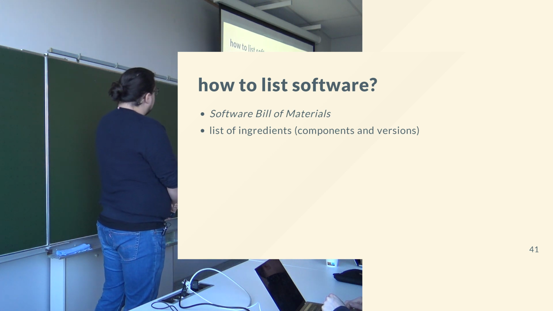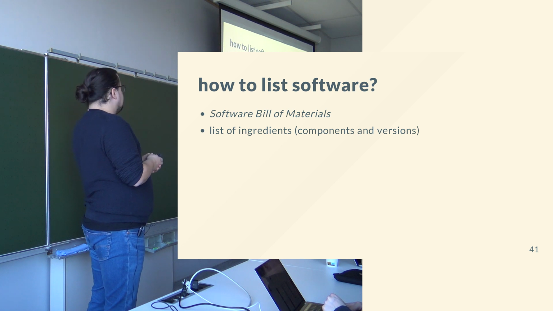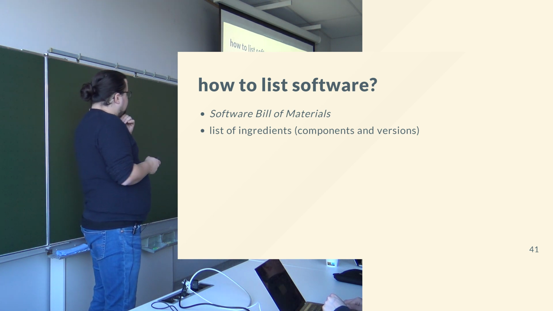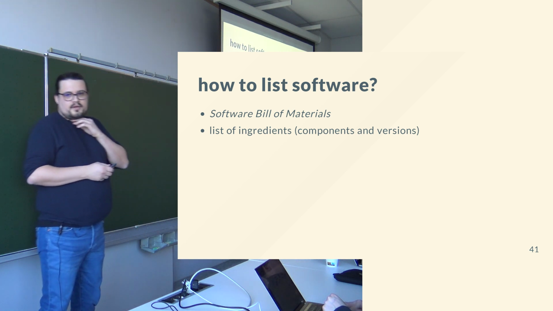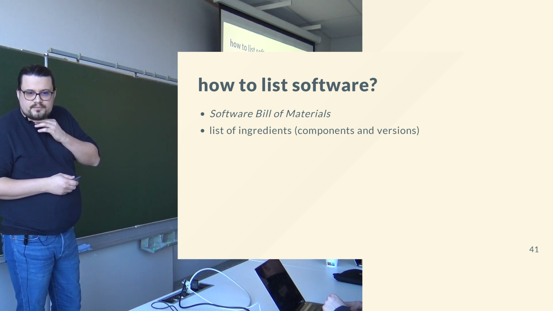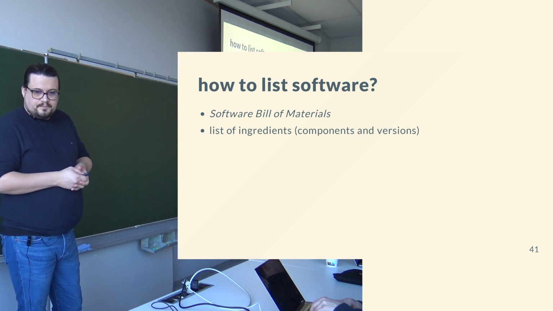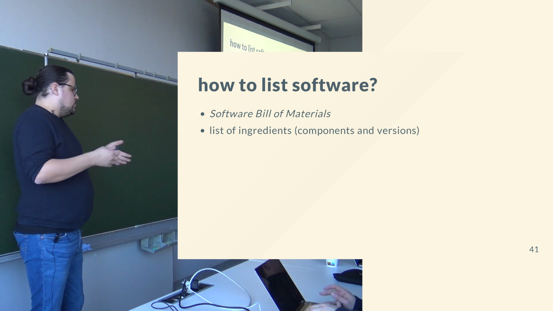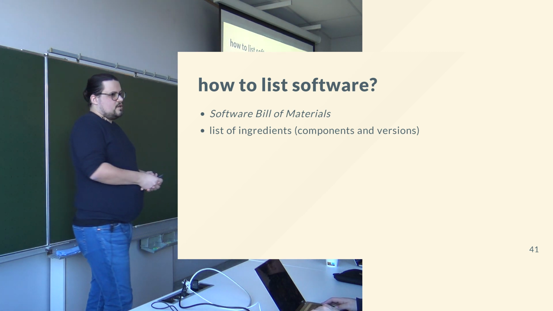So now that we have a way of identifying the software precisely, we have a problem of being able to list the software we have. And what will this software library list be called?